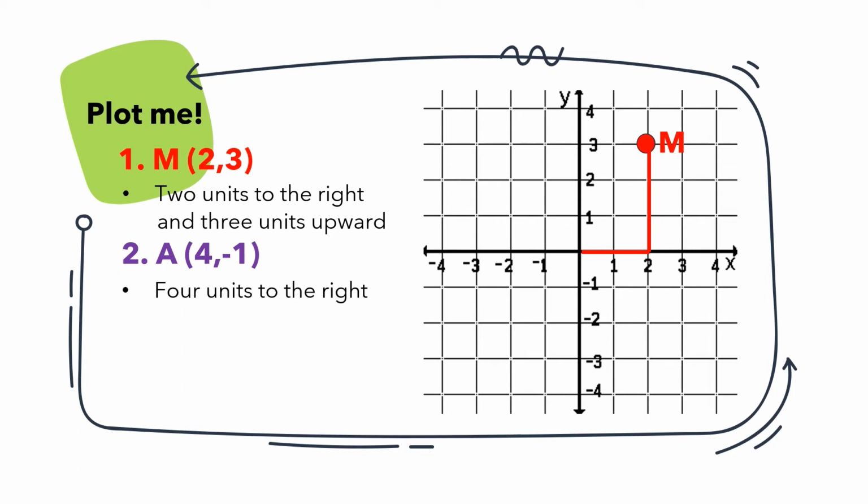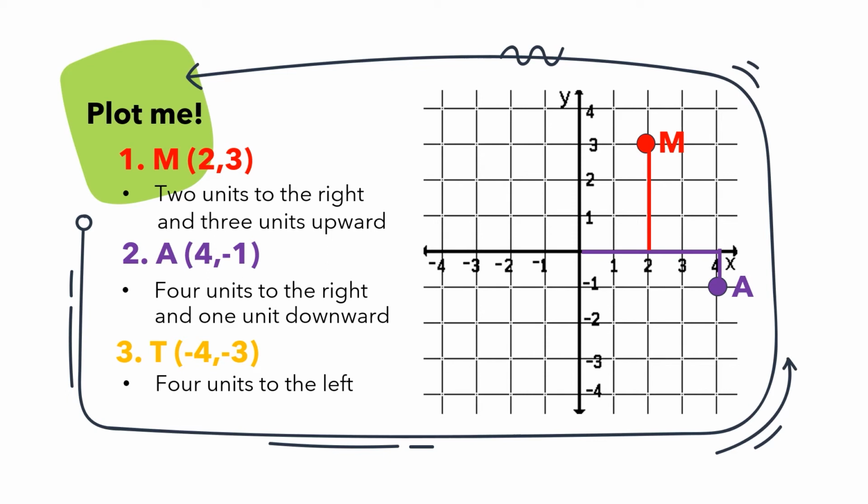So 4 units to the right and 1 unit downward. Here is point A located at quadrant 4 with a sign positive, negative. And for number 3, we have point T at (-4, -3). So we have 4 units to the left and 3 units downward. So the location of point T is at quadrant 3 with a sign of negative, negative.